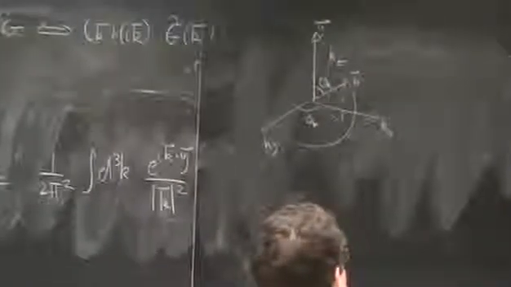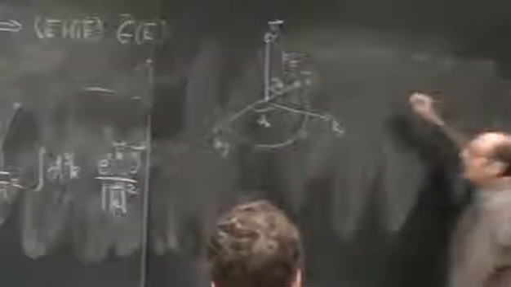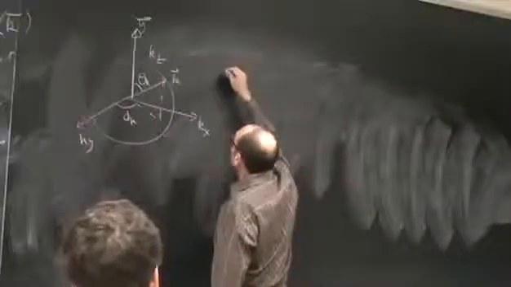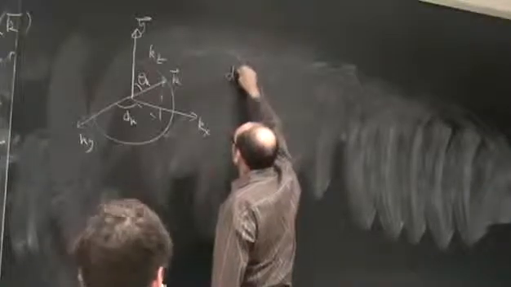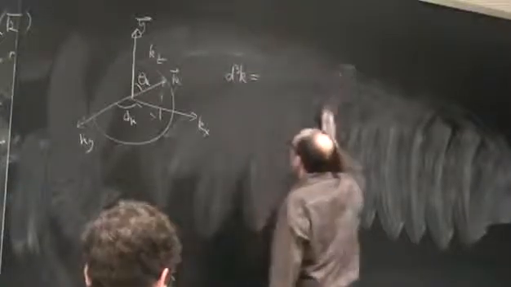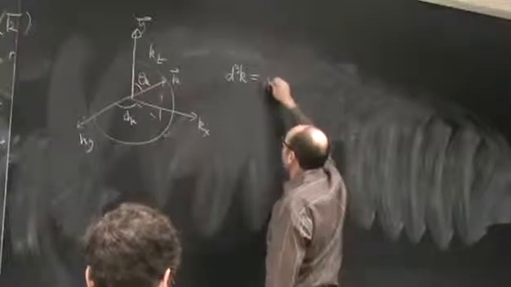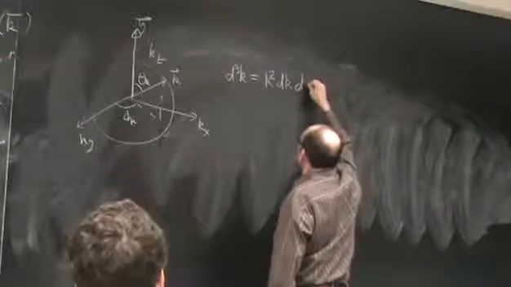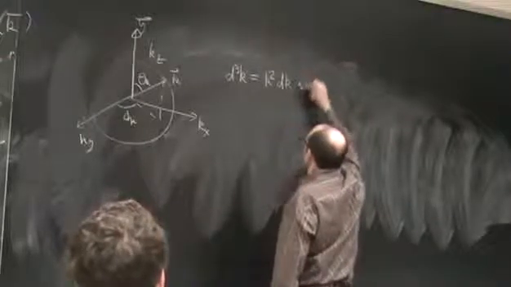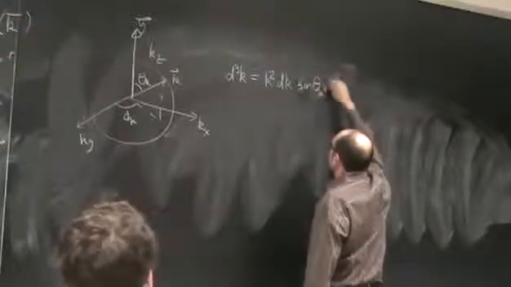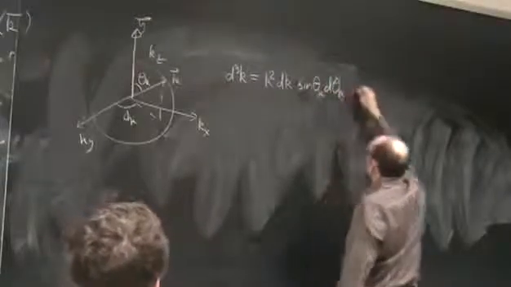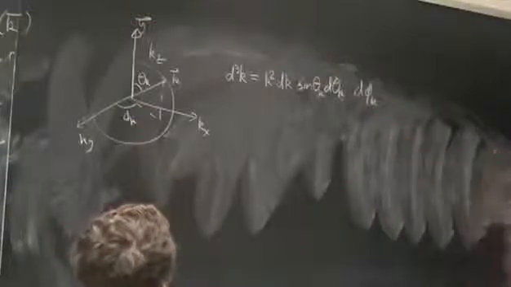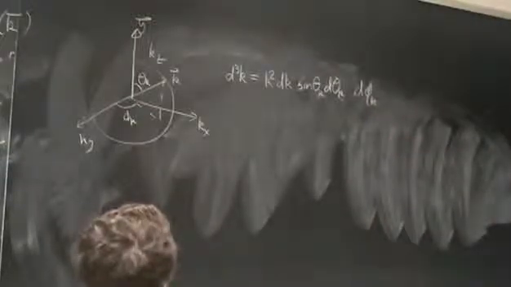With that said, d cubed k is equal to k squared dk sine theta d theta d phi. That's the volume element in K-space.